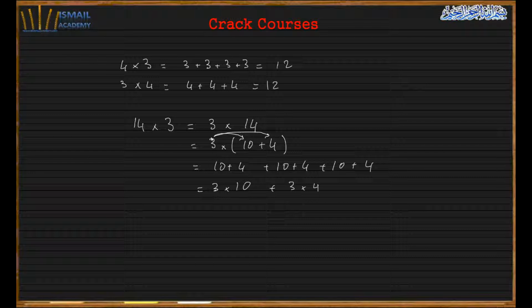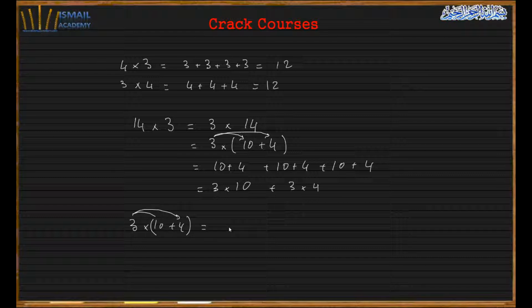So if I have a number and we have a sum, I just multiply that number with each term of the sum. And this concept is called the distributive property. So this is exactly what the distributive property is. Instead of this process, if I have 3 times 10 plus 4, I just multiply 3 by this and 3 by this.